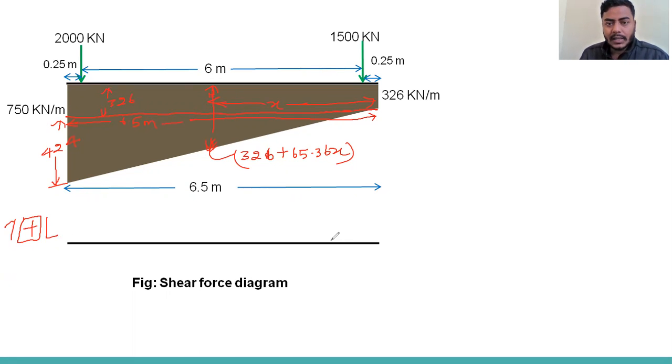I'm locating some points: A, that is the end point; point B, just beneath this load Q2; and some point C, where I'm assuming the shear force will be 0. Point D is just below the load Q1, and the end point is E. I will discuss one by one. At point A, shear force will be 0.